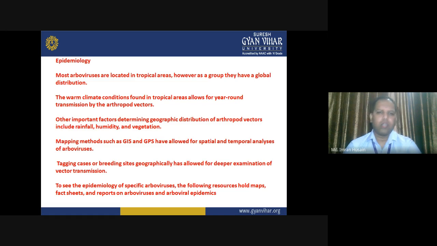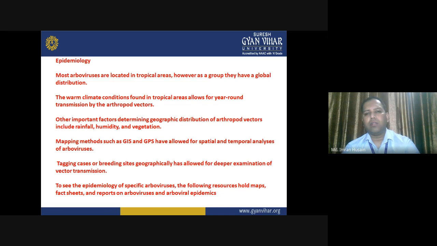It is not like conditions are going to turn severely cold and readily kill every arthropod vector. No, tropical regions don't have that speciality.